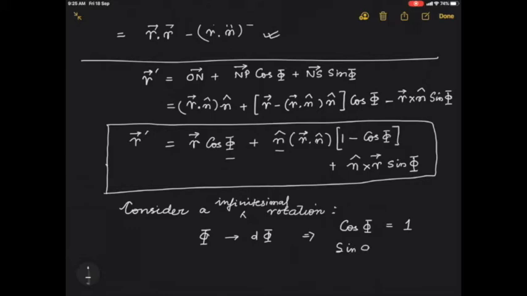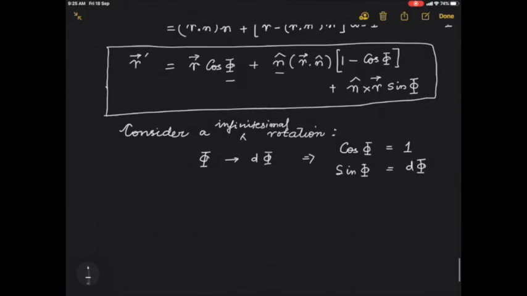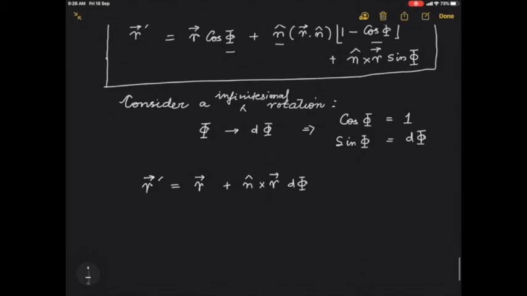This implies that cos phi I can replace by 1, and sin phi by d phi. So r prime is, since cos phi is 1, just r. Here 1 minus cos phi is 0, so that term doesn't exist. So plus I get n cap cross r d phi.